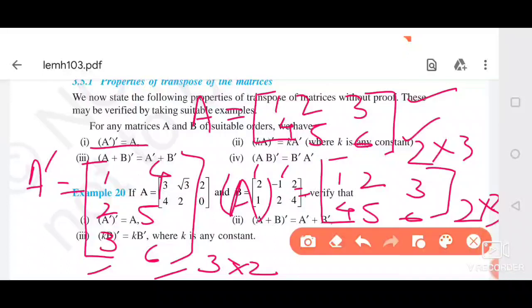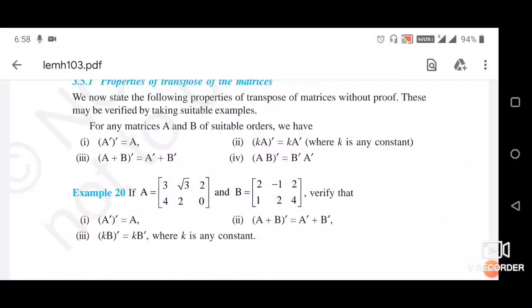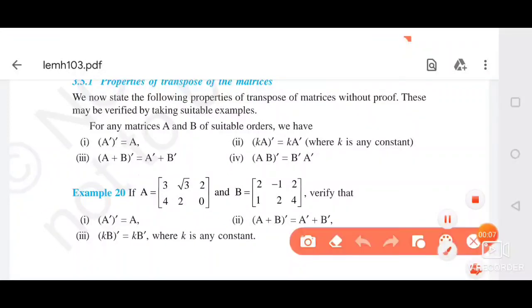So this is called A transpose whole transpose. Now you see, if the matrix A was a 2 by 3 matrix, A transpose was a 3 by 2 matrix and A transpose whole transpose is again a 2 by 3 matrix. So from here it is proved that A transpose whole transpose is equal to A.